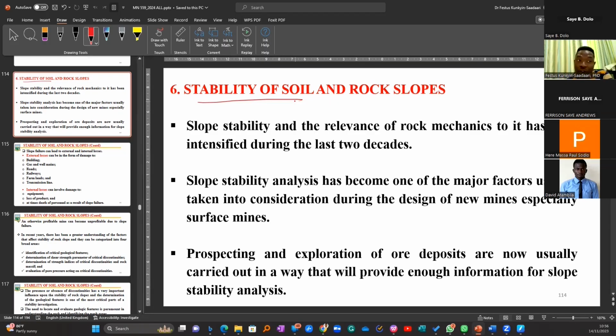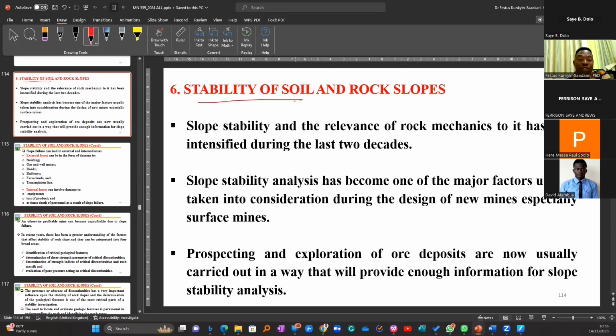And when you search online, you see tons of papers and articles, because when there is a failure in terms of slope, the havoc is always detrimental. And so there is that need for researchers to throw more light on how we can establish some stability and sanity in the area.